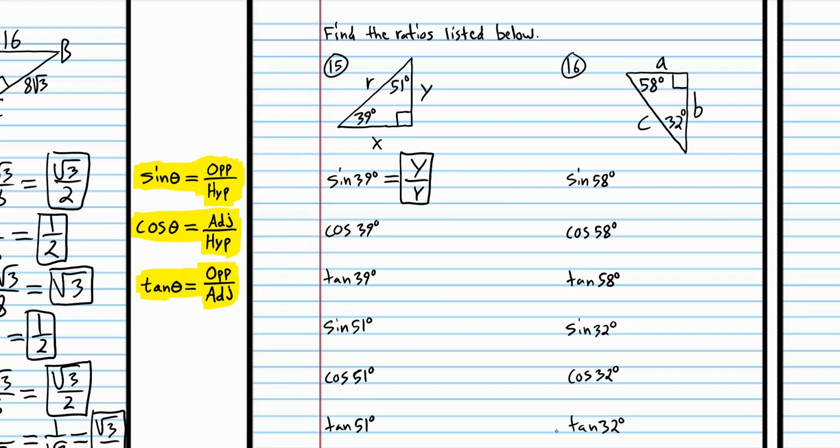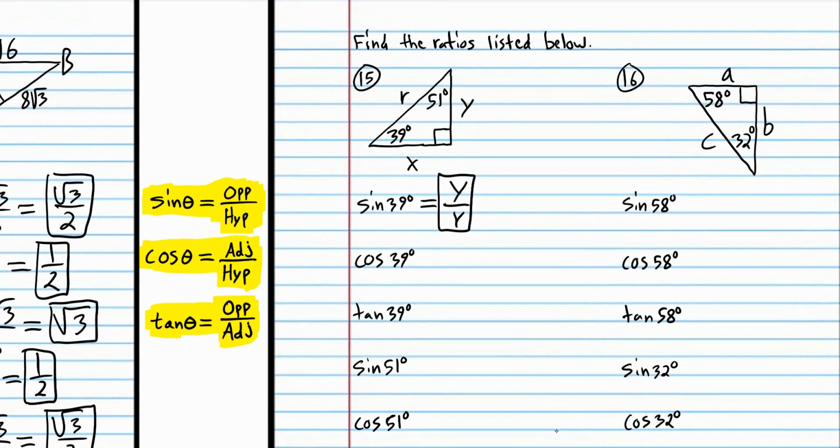Again, you don't exactly have to know how these are calculated or why they're used yet in this class, but you do need to know what these definitions are. And by the way, we are going to do some applications of these so you can get an idea of how they're used as we go along. So cosine 39, adjacent to 39 is x. So x over r, adjacent over hypotenuse. Tangent is opposite.